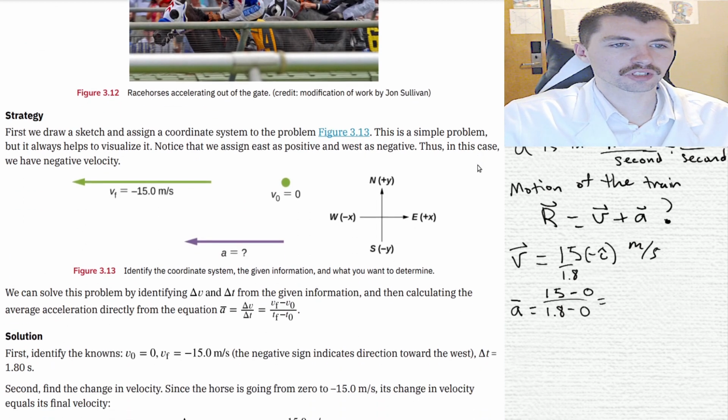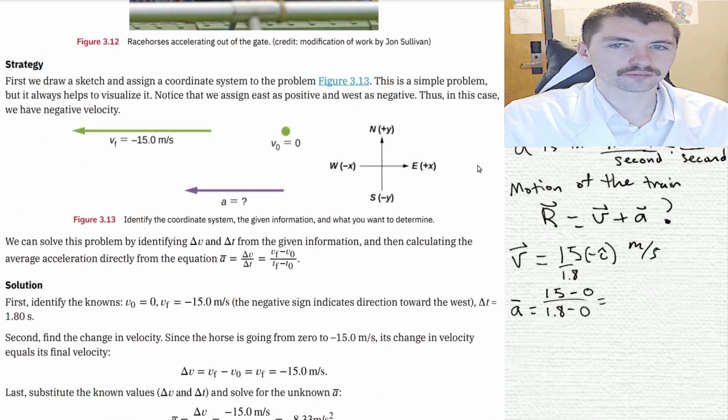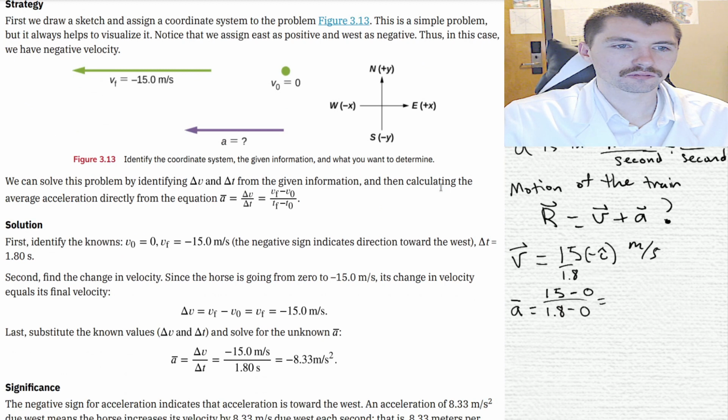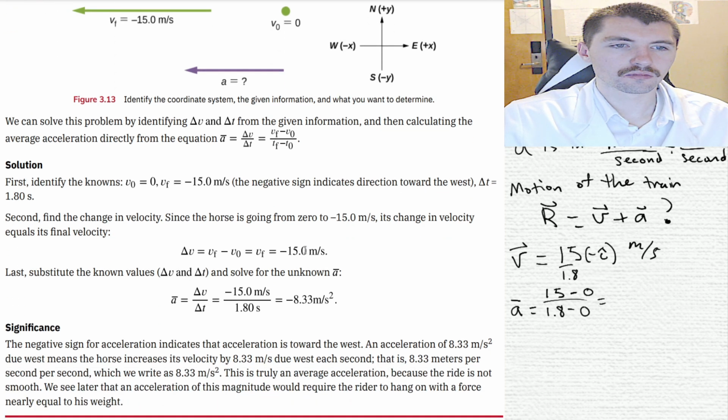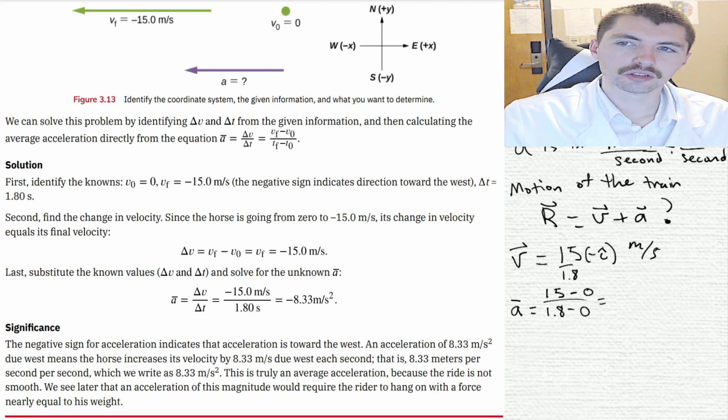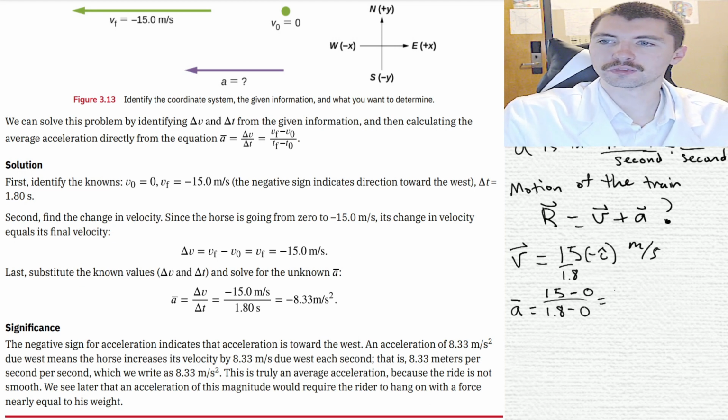So first we draw a sketch. They added the negative sign. We could just do that at the end. I mean, they're going to get 8.3.